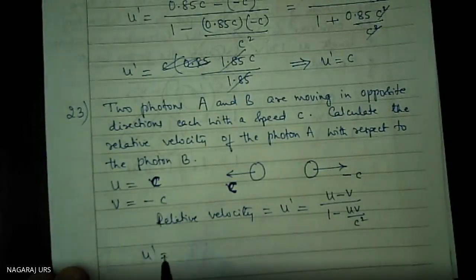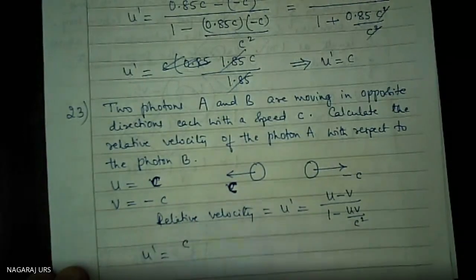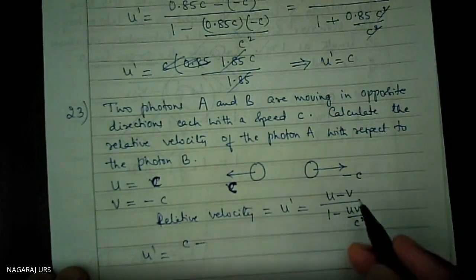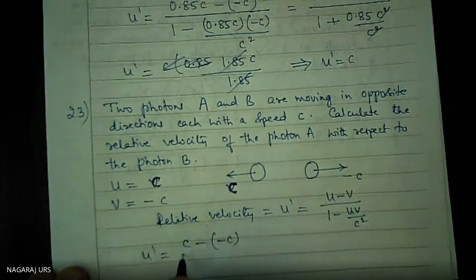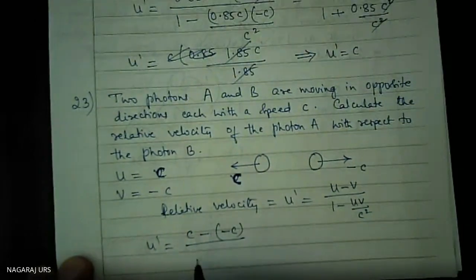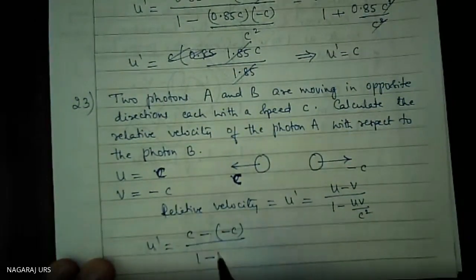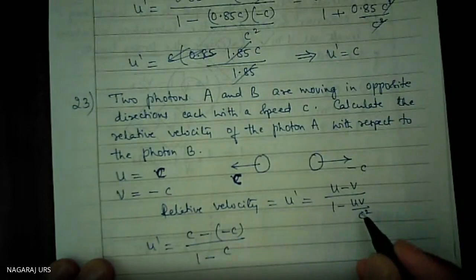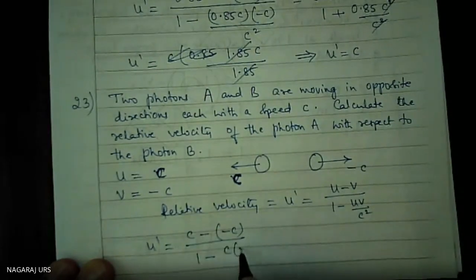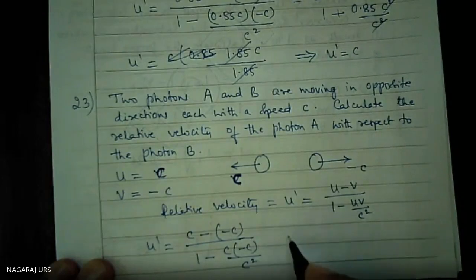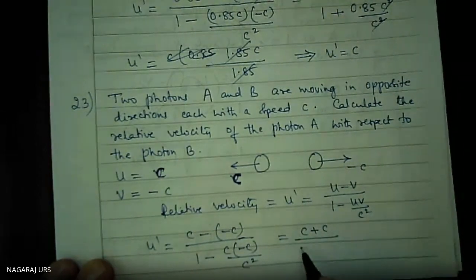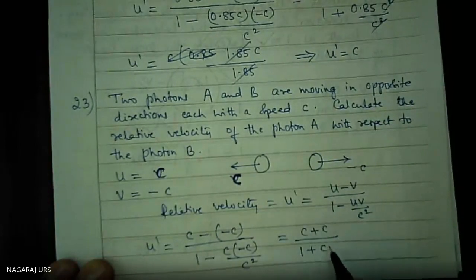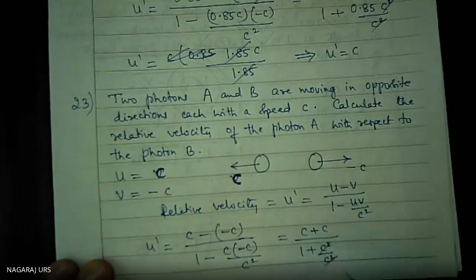u is equal to c, minus v is equal to minus of minus c, 1 minus u that is c, v is minus c, divided by c square. So this is c plus c, 1 plus c square divided by c square.